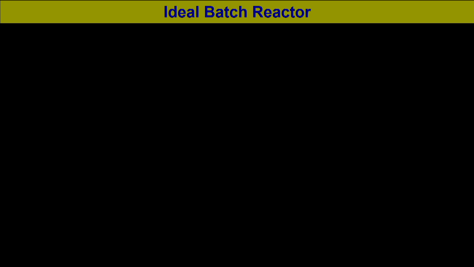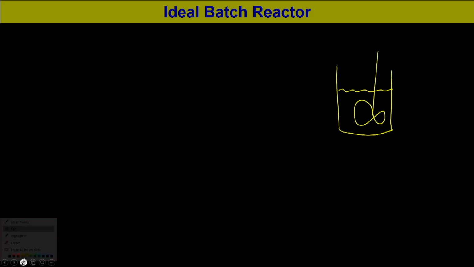So, if we consider an ideal batch reactor, which is fitted with a stirrer, and this is filled, so initially this is charged with a feed and then it is closed.